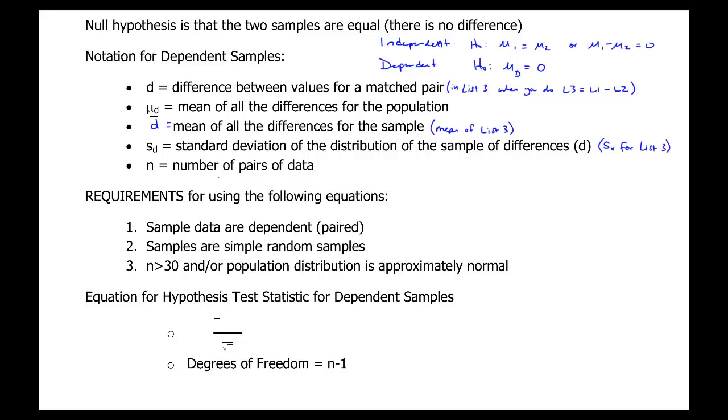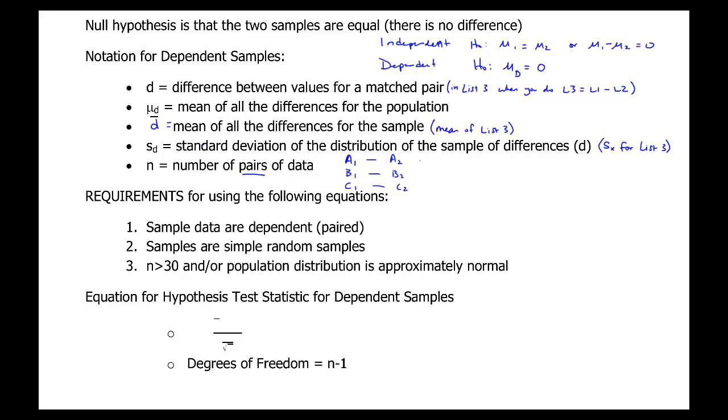And n is the number of pairs of data. So if you have 25 pairs, you'd have, we'll just say A over here from list 1 and A over here from list 2. There's a pair. And there's a pair of data. And there's another pair.